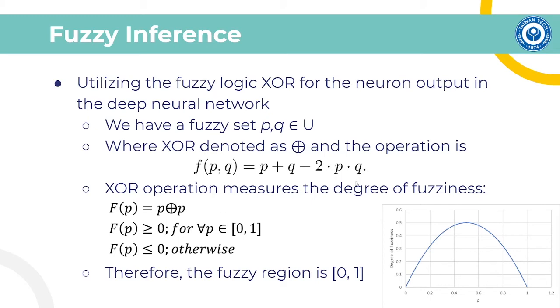And based on this equation, for the P element only, if we want to XOR element P with P, the result will have two rows of condition, and therefore the fuzzy region is from 0 to 1.